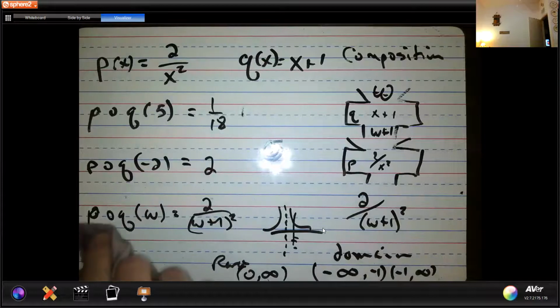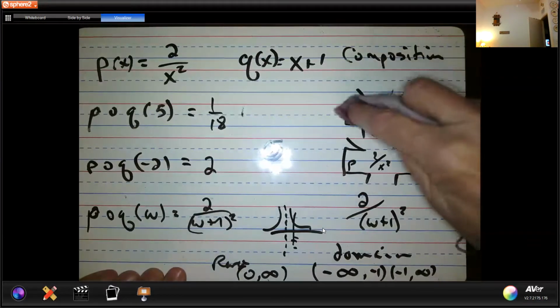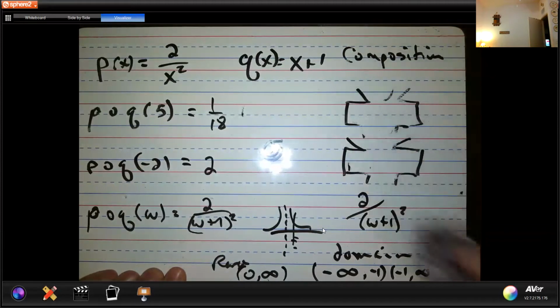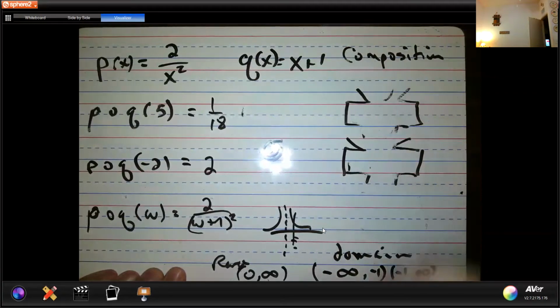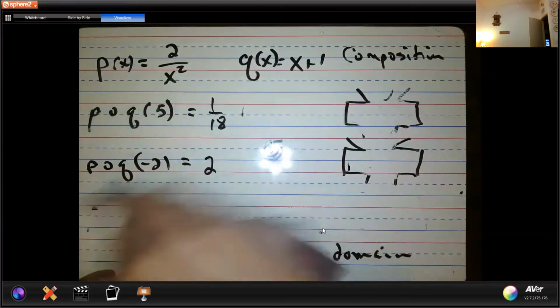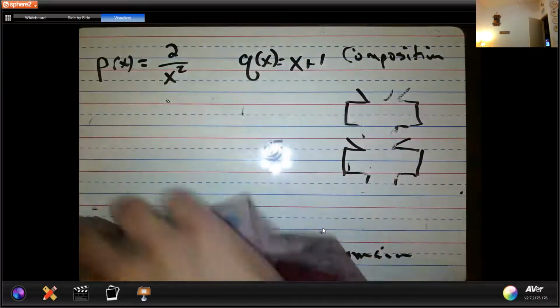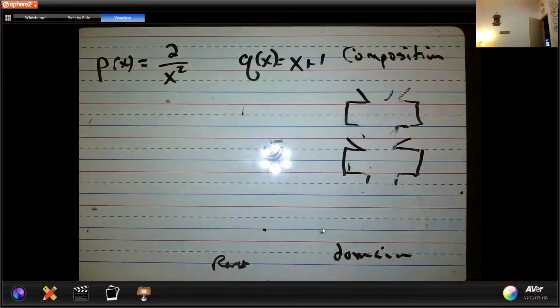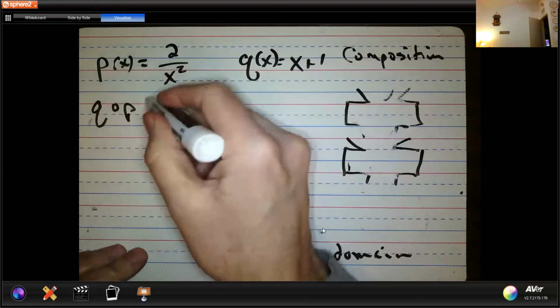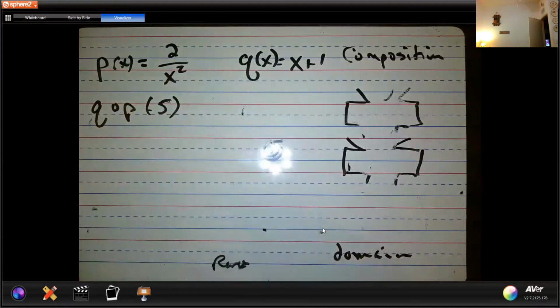Well, just like before, if you do it one way, you have to do it the other way. So we're going to do, instead of P circle Q, we're going to do Q circle P and see what happens. Okay? Still have to find the domain and range. We will do that. Q circle P. Now remember, which one's on top?